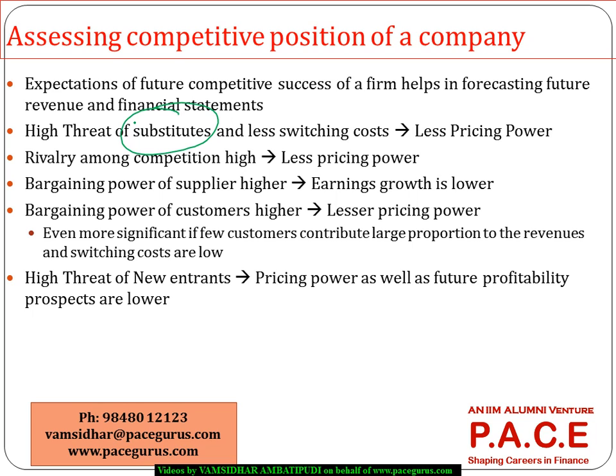But when I look at the bargaining power being higher for my customers, I cannot even increase the price, which will result in the revenues not growing that heavily in proportion with the expenses. And if the switching costs are much higher, there is even no more chance of me increasing the price. So the revenues may not grow beyond a certain extent.